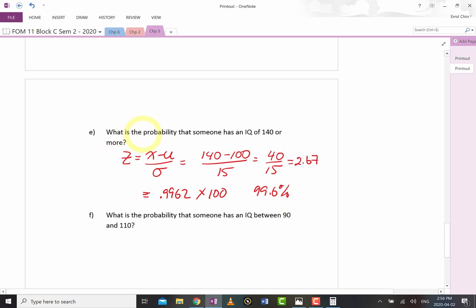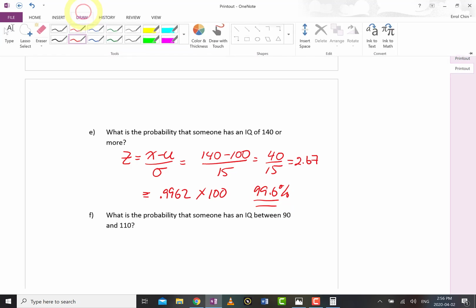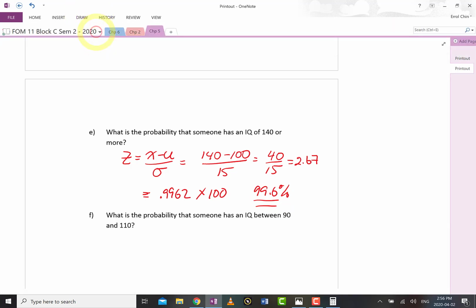So it says, what's the probability of someone that has an IQ of 140 or more? Well, this is the population that's 140 or less. So the only way you can get the area that's greater than that is 100% minus 99.6%, which is approximately 0.4%. That means there's a very, very small population that has an IQ greater than 140.